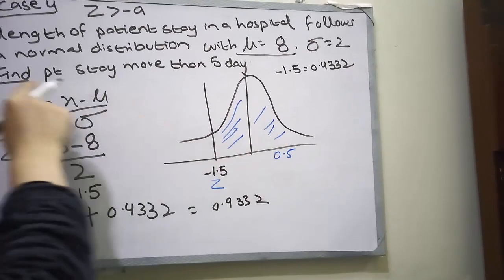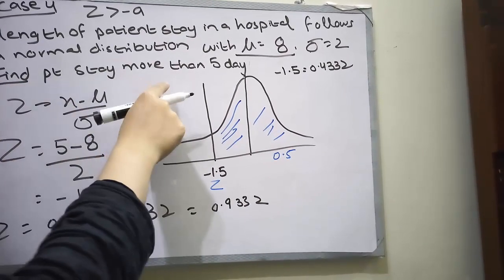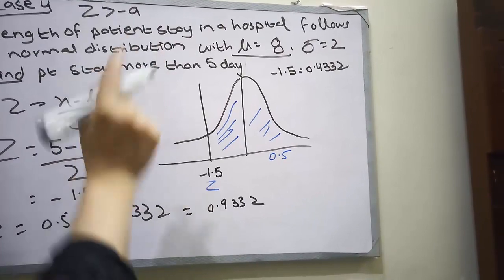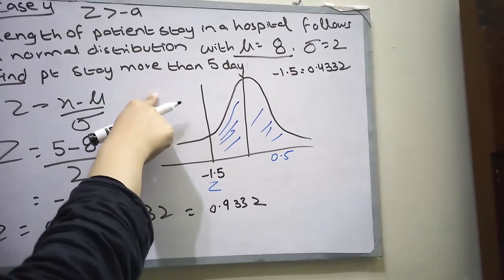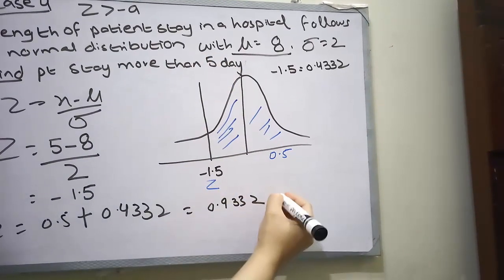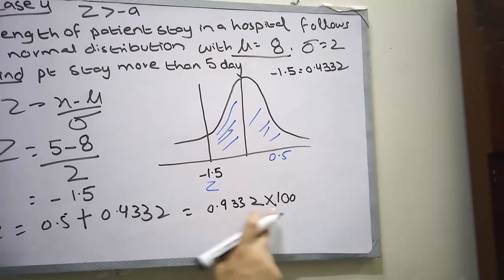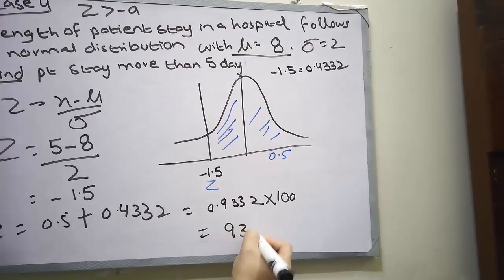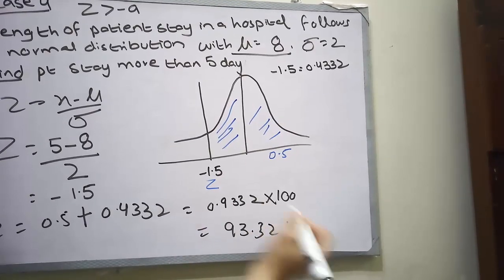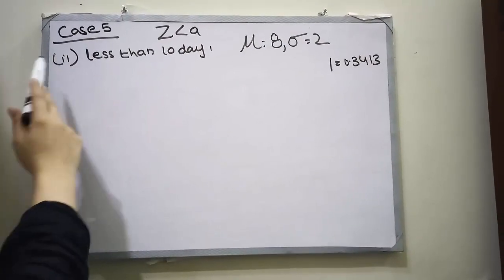If in the scenario they ask about the percentage, which is not mentioned over here, that is, in percentage how many patients are going to stay more than 5 days, we will multiply 100 with this solved value. In that case we will get 93.32%.